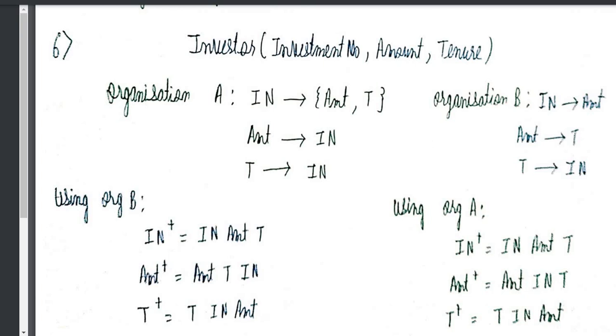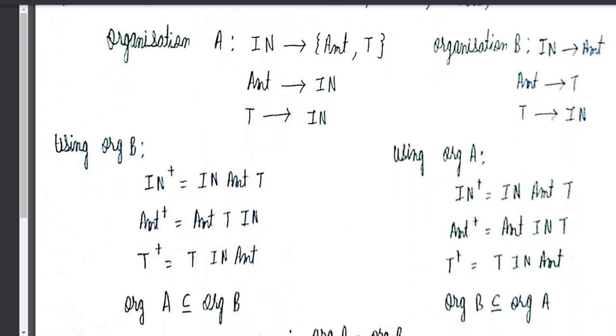We have found the closure of the attributes of organization A by using organization B. For IN plus, we can find IN, that is investment, AMT is for amount, and T is for tenure. By using organization B, for investment we get amount, and then for amount we get tenure.